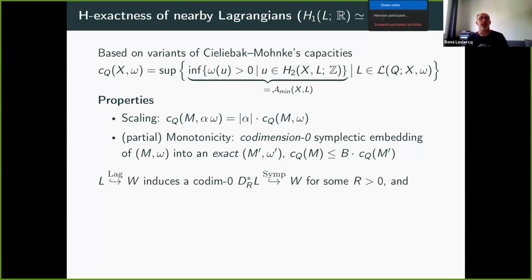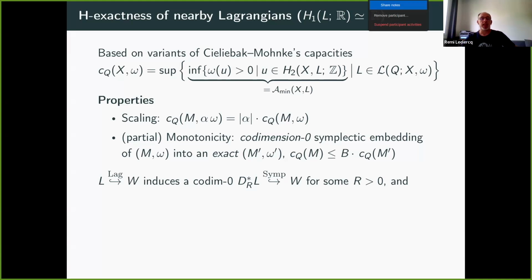So remember, I took L to be Lagrangianly embeddable inside some Liouville domain. So this Lagrangian embedding induces a codimension 0 embedding of a small neighborhood of the 0 section in the cotangent bundle of L inside W. So you get this codimension 0 symplectic embedding inside W for some positive radius.